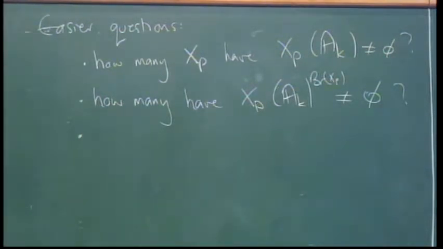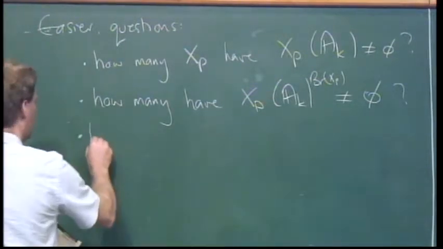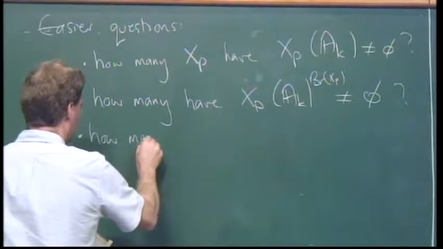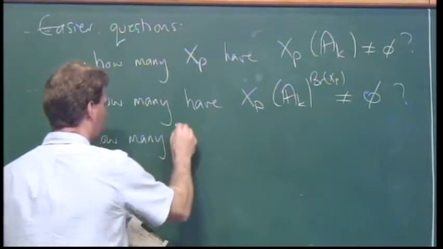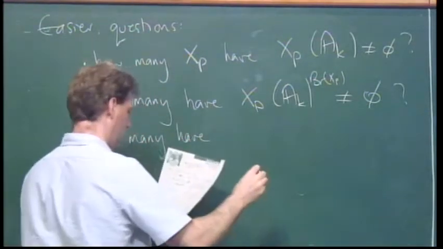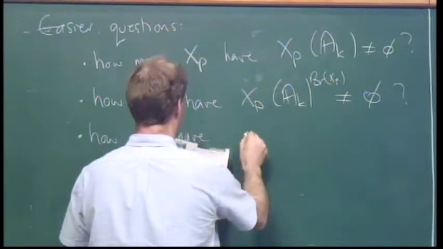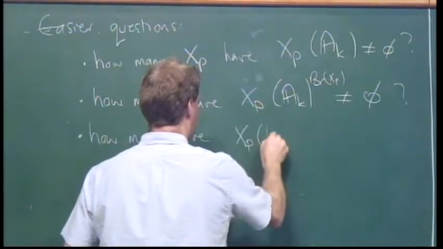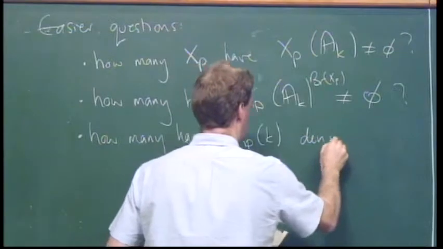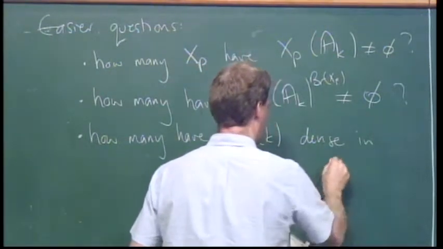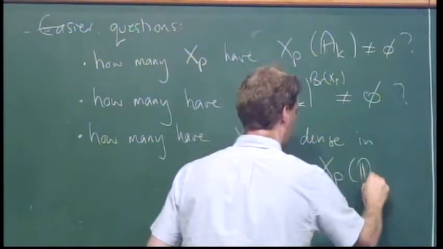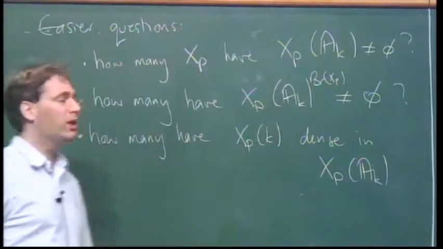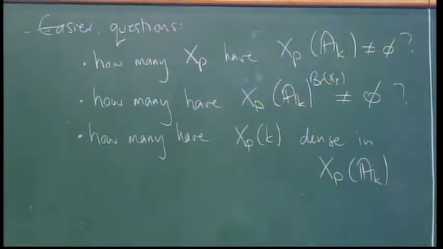So the methods I'm going to talk about could in principle answer this kind of question. We decided instead to focus on weak approximation. So how many have X_P(K) dense in X_P(A_K)? In other words, how many satisfy weak approximation?